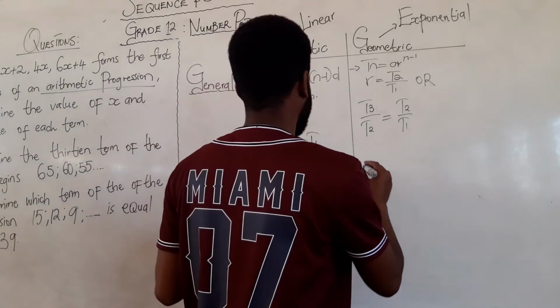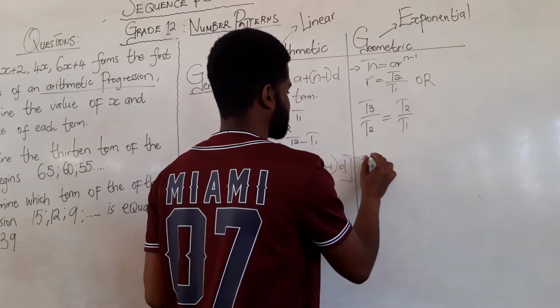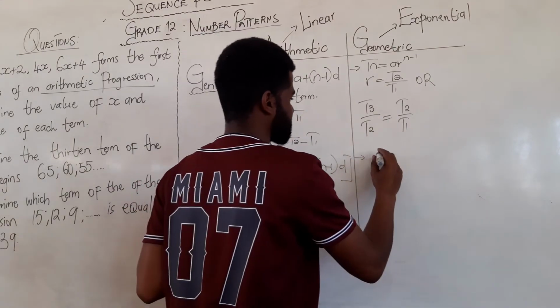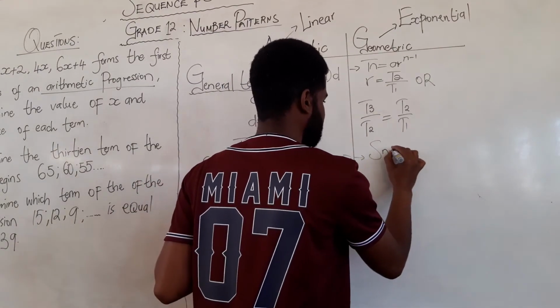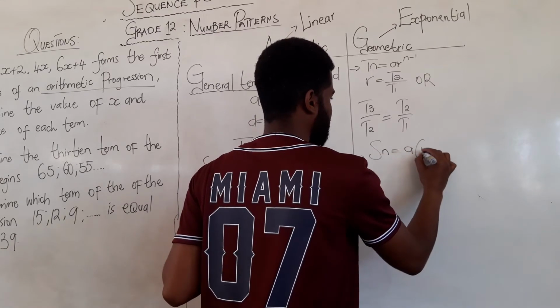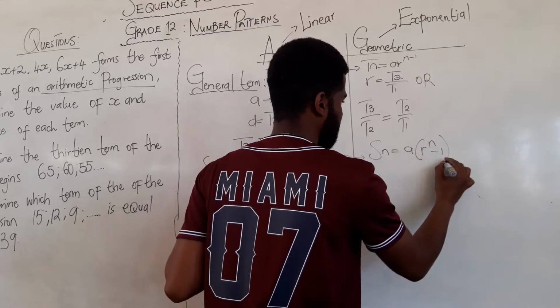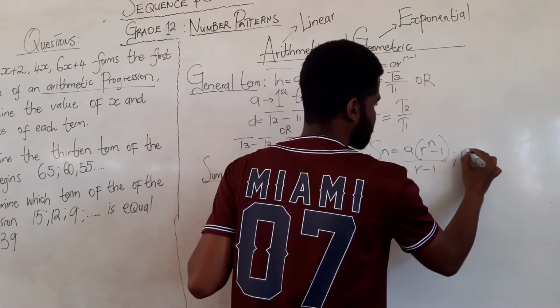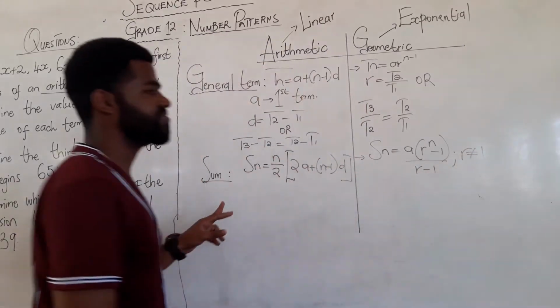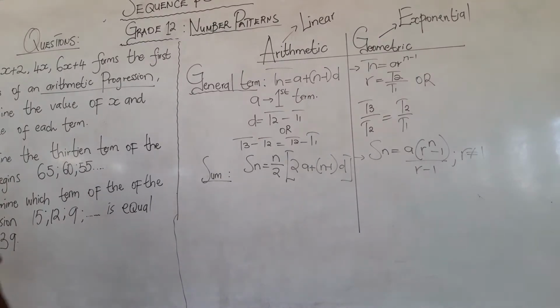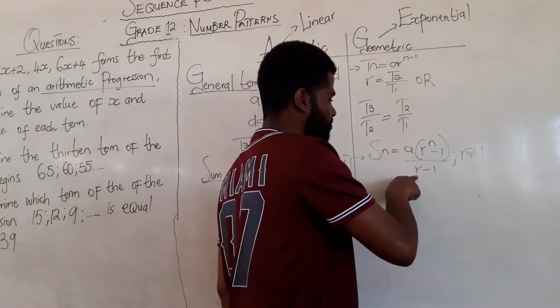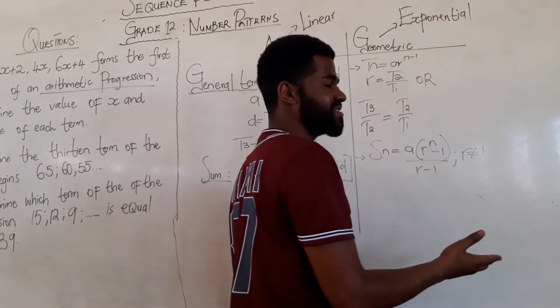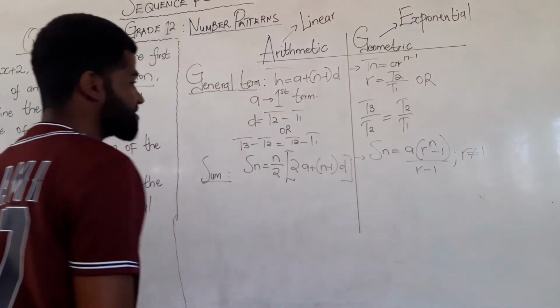Our sum for a geometric sequence, or exponential sequence, is Sn equals a times (r to the power n minus 1) all divided by r minus 1. They always say that r can never be equal to 1, because if r is equal to 1, it becomes 1 minus 1, and anything divided by 0 is an error.